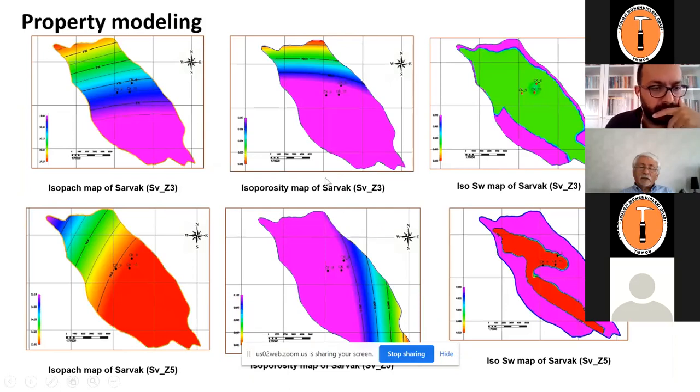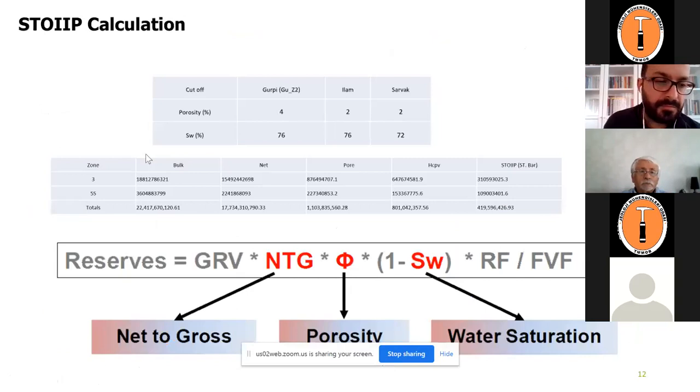It helps us to understand, for example, that porosity in Sarvak 3 is increasing from south to north, and also in Sarvak 7 and Sarvak 5, the porosity is increasing from the Iraq to the Iranian part. Also, according to the structural model, we understood the ISO map changing, I mean the ISO thickness changing across the field.